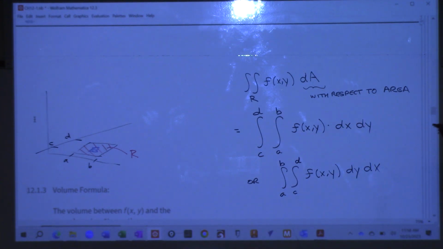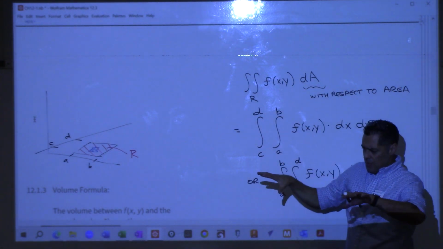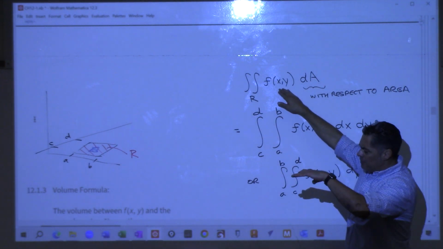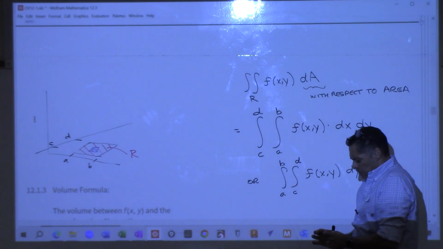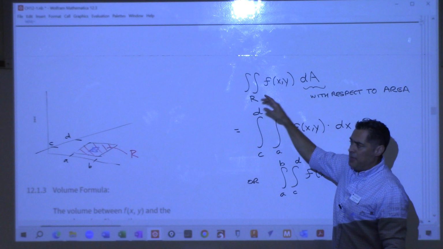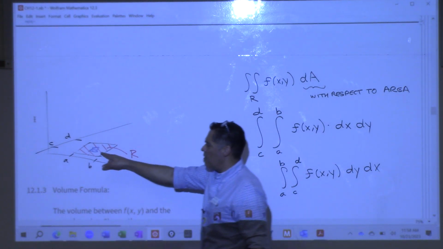So these are three notations that all mean the exact same thing. This is the very general notation. It's just saying, I've got a surface, and I'm trying to find the heights of that surface times the area of some little patch on the ground, over some region. This integral, the way you see it, does not require this region on the ground to be a rectangle.